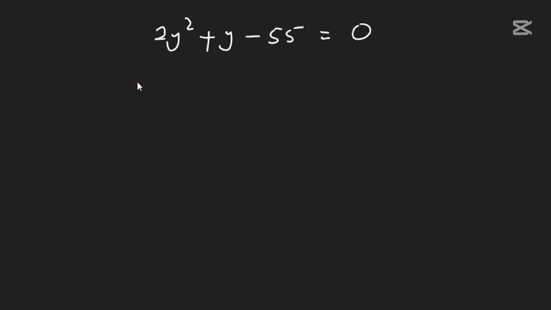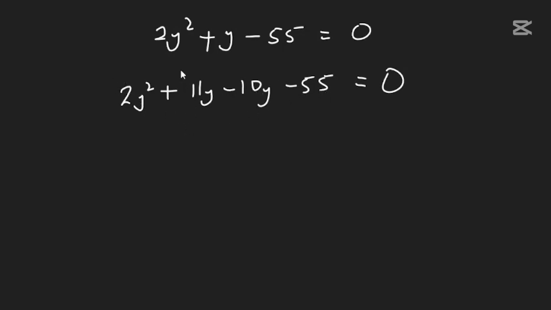So we have 2y squared plus 11y minus 10y minus 55 equal to 0. So 11y minus 10y will give us y, and the product of 11 and negative 10 will give us negative 110.